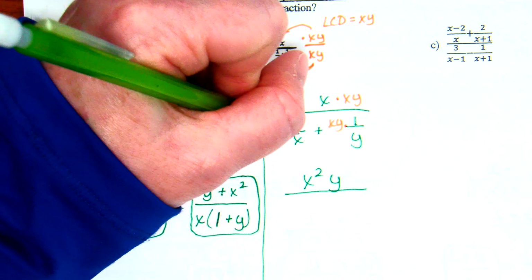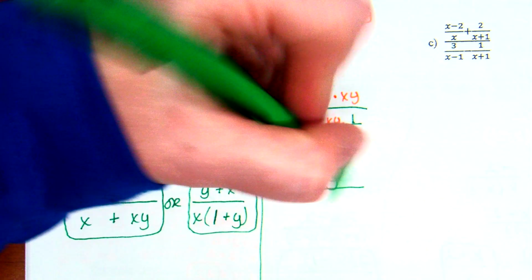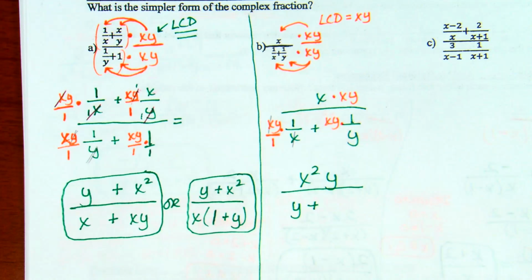Y. That's nice. You could say y over 1, but you guys have learned that we just need to say y. Second one, if I multiply xy times 1 over y. Think of it as xy over 1 if you want. The y's cancel, what remains? X.